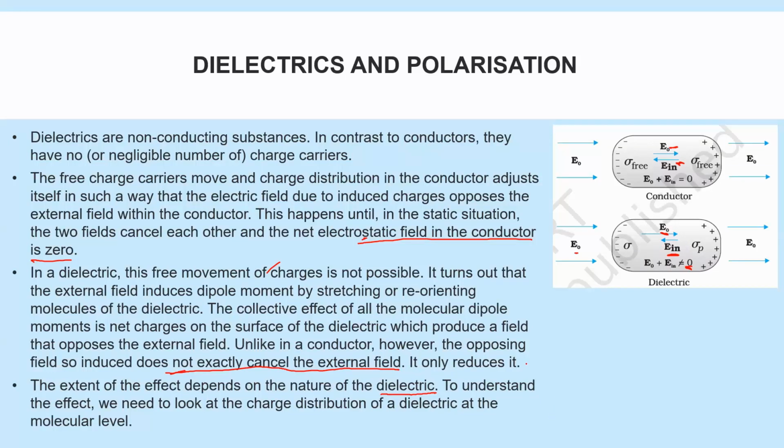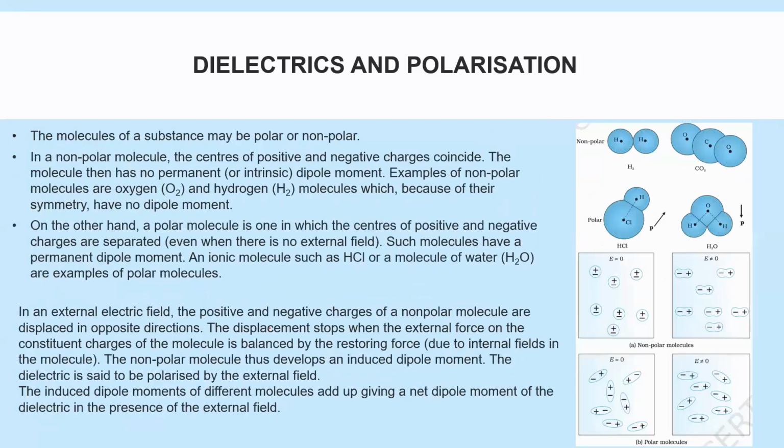So to understand the nature or the effect of this induced electric field and how it is affecting the external field, we have to look at the charge distribution of a dielectric at the molecular level. Molecules of a substance can be polar or non-polar. What are non-polar molecules?